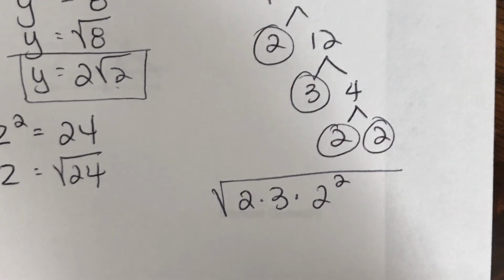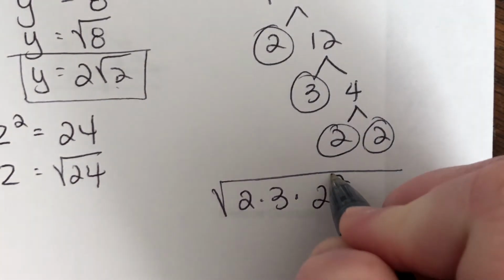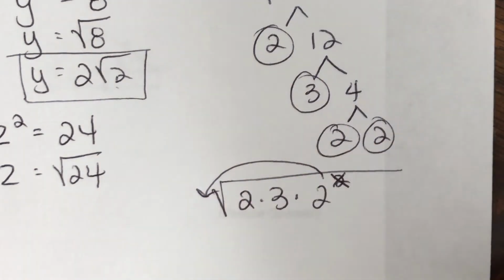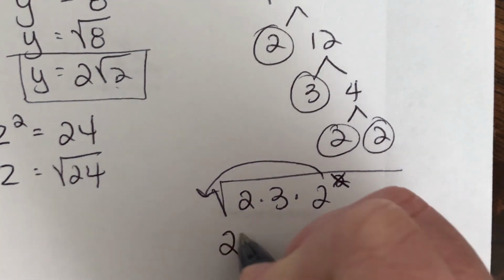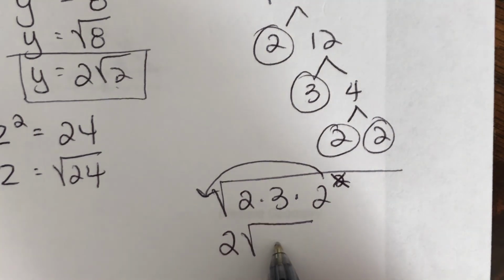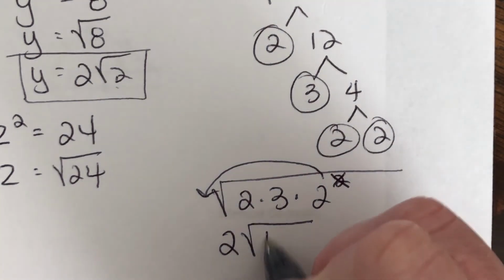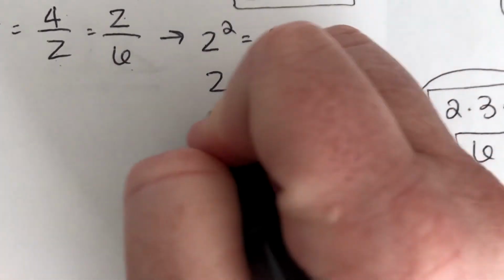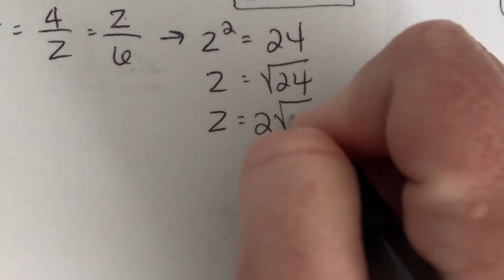So the only number that has a ticket out of the radical is this 2 at the end. It hands over the squared, it comes out front, and 2 times 3 is left under the radical. We can multiply it back: 2 square root of 6. So z equals 2 square root of 6.